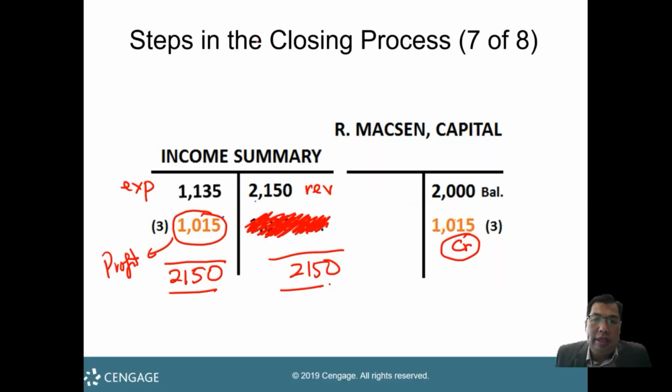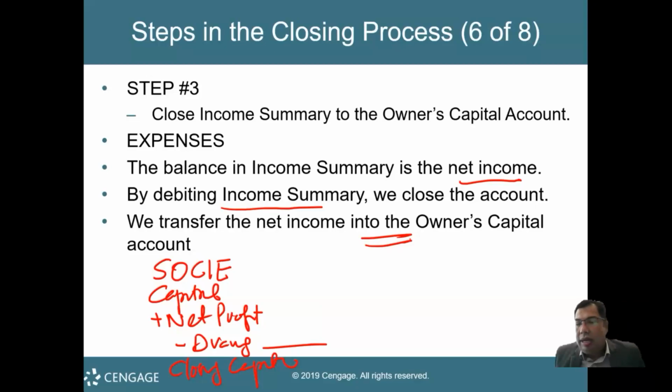Step number 3 is to close your income summary account and then transfer the profit to the capital accounts. I repeat again. Step number 3 is to close your income summary account. From that income summary, the difference will be transferred to the capital account.